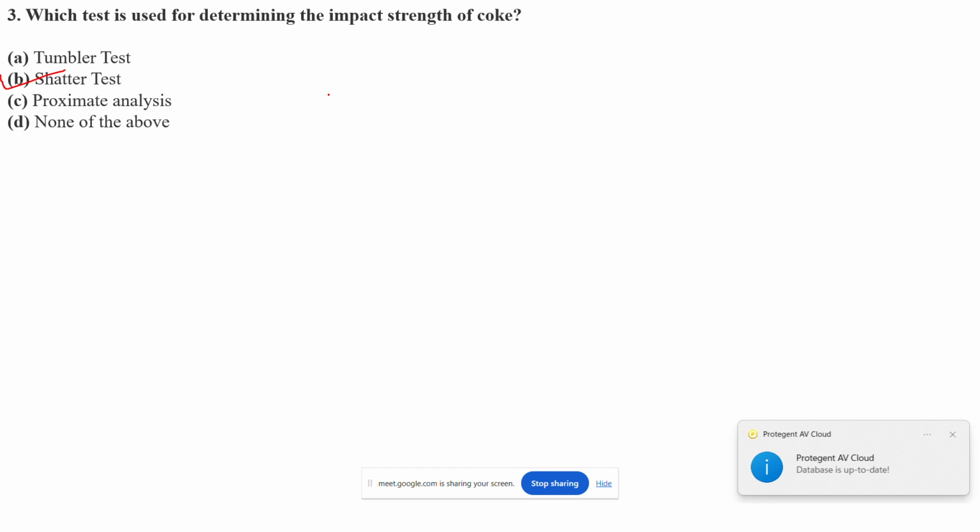While the tumbler test is generally used for checking the abrasion or wear strength of coking coal. And proximate analysis is generally used for determining the volatile matter, moisture content, and ash analysis of any fuel source. So the answer is Satter test.